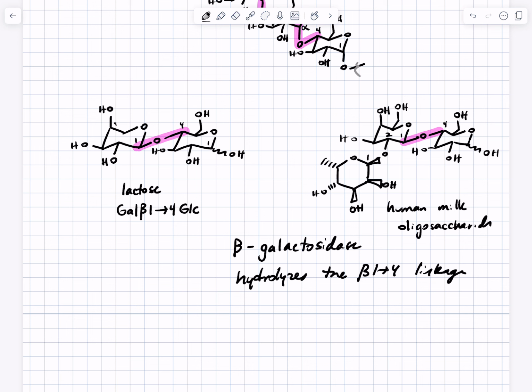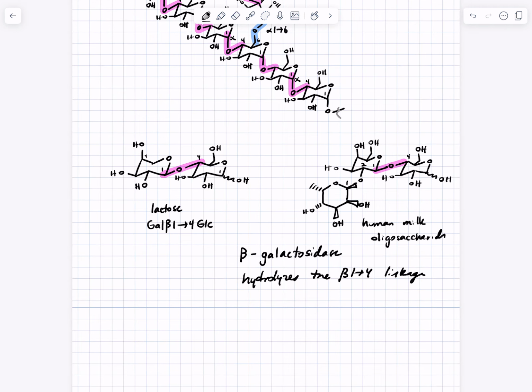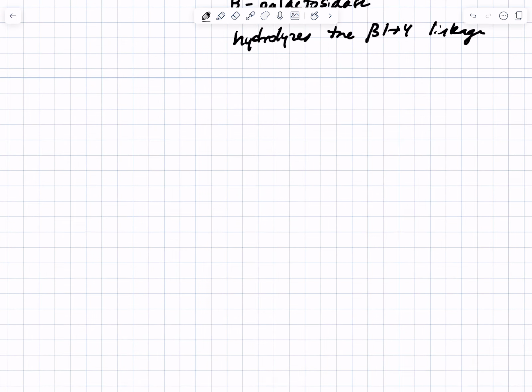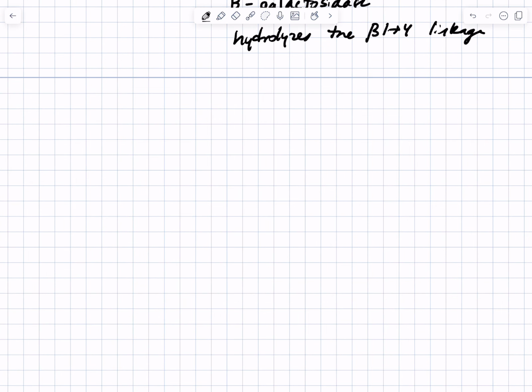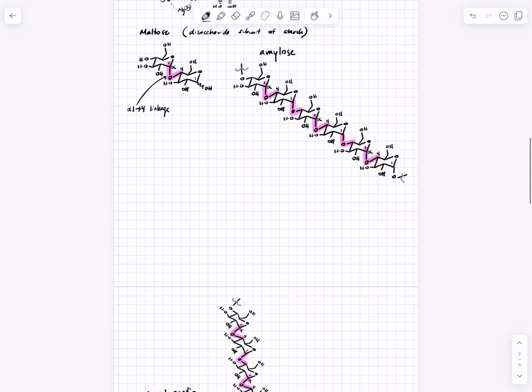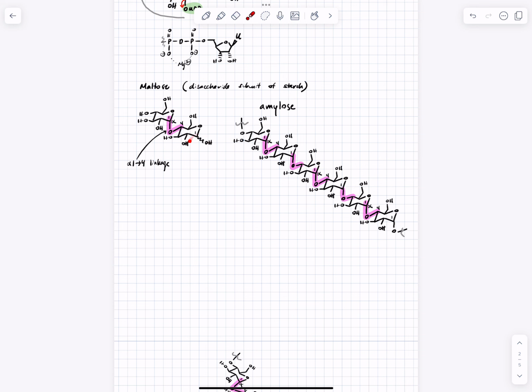I guess the last one we should draw is table sugar, which is sucrose. Sucrose is kind of weird because unlike the other carbohydrates we've learned today, in which there is always a reducing end, a hemiacetal end.